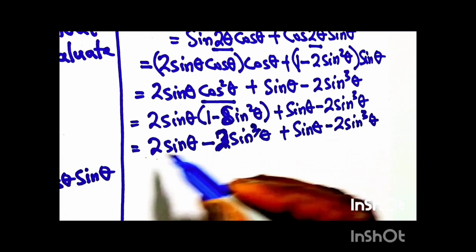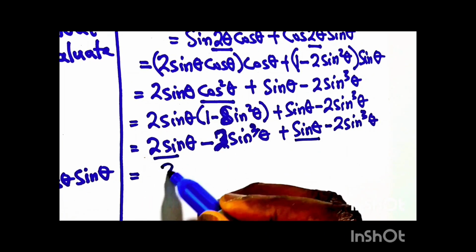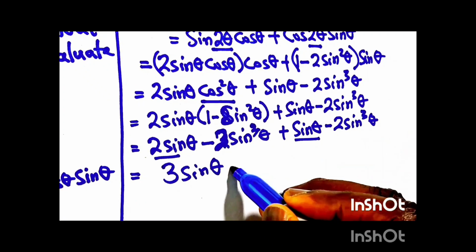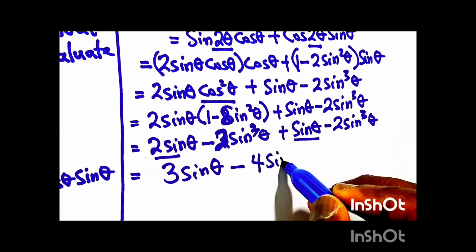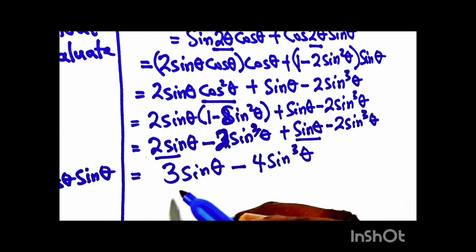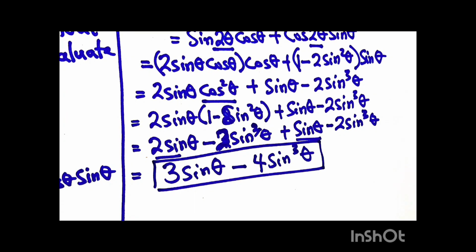So if we now add this together, we have this one and this one, which give 3 sine theta, and this gives minus 4 sine cubed theta. That means that sine 3 theta is going to give us 3 sine theta minus 4 sine cubed theta.